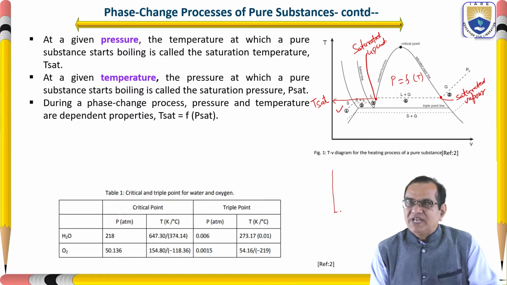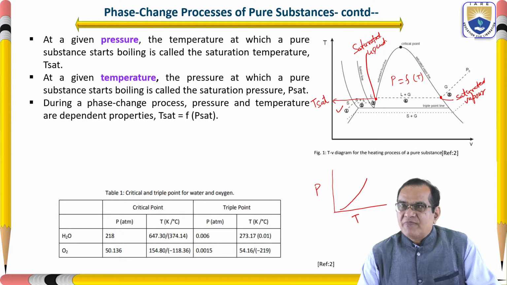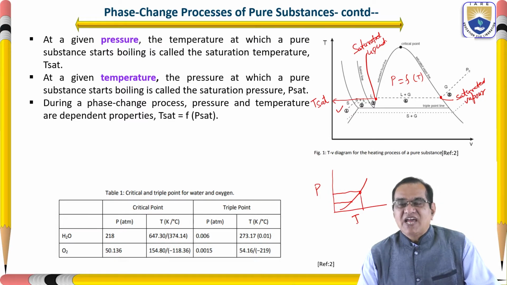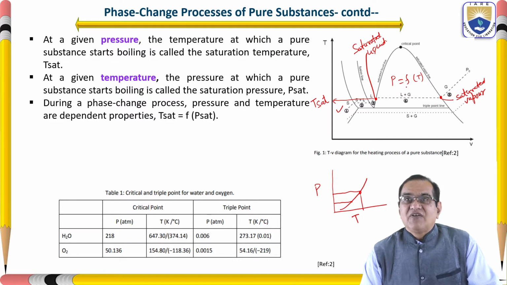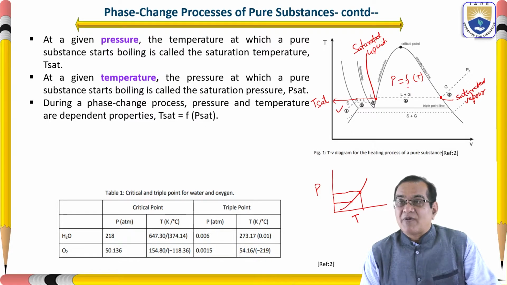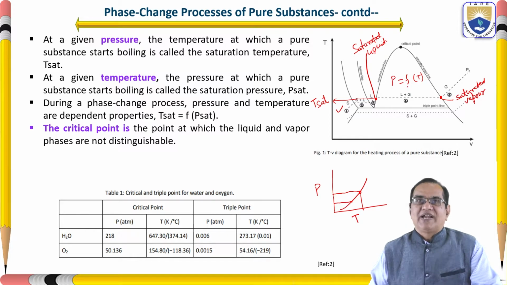This is the pressure and this is the temperature. Initially it is here, and if you increase the temperature, pressure will also increase. So for a fixed pressure there is a fixed temperature, and for a fixed temperature there is a fixed pressure. So from liquid to vapor, during the phase change process, pressure and temperature are dependent properties. They are not independent properties. That we have to understand.